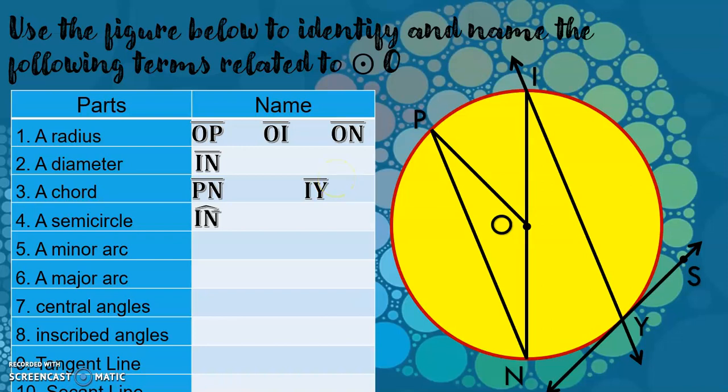So what about the minor arcs? So IP is one of the minor arcs. Give another one. PN is correct. NY. IY is also a minor arc.